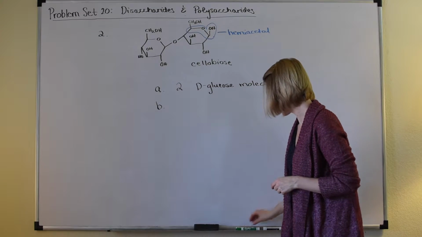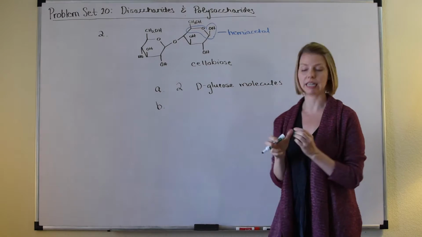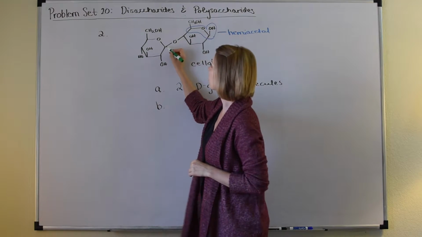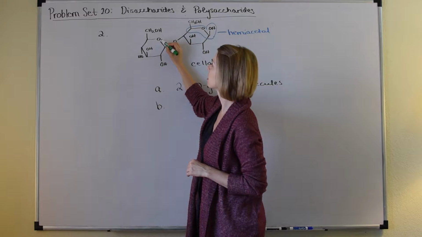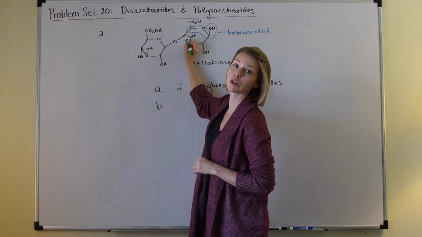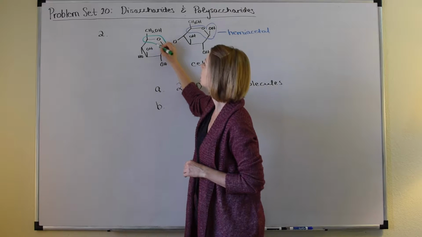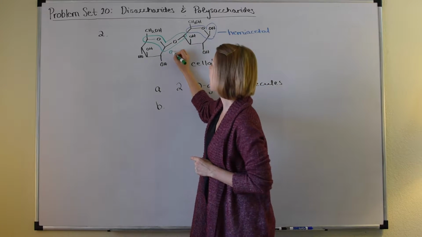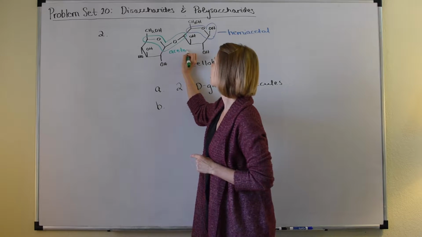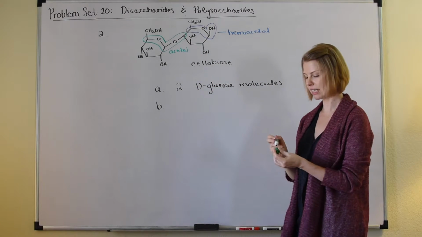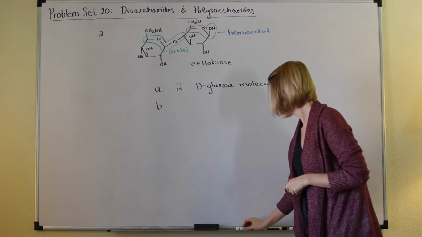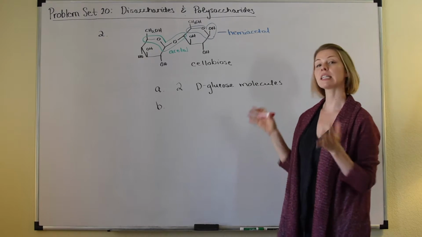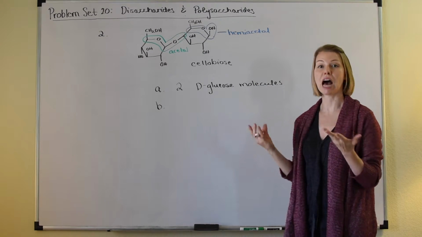So let's label the acetal in green just to make it stand out from the hemiacetal. So we have a carbon connected to an OR and another OR group. So carbon connected to two OR groups, that is an acetal. And last but not least, let's do our alcohols in red. Everything that's left over is just an alcohol.